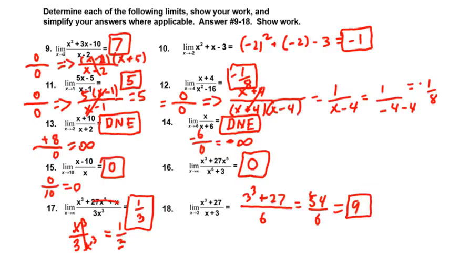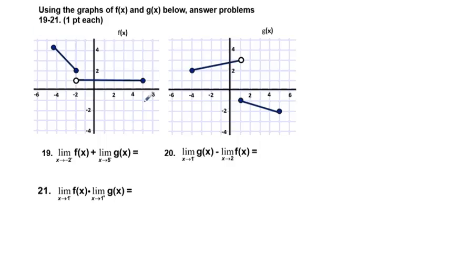So 9 is our answer to problem number 18. Let's go on to our next set of problems, which is 19 through 21, which has to do with these graphs of the functions f of x and g of x. In this problem 19, we're looking for the limit as x approaches -2 from the left side. And so look at f of x here.